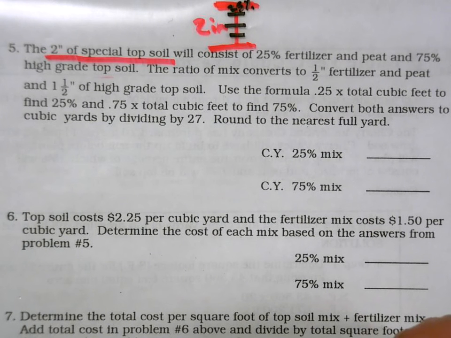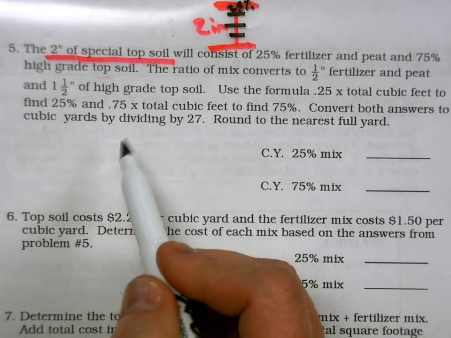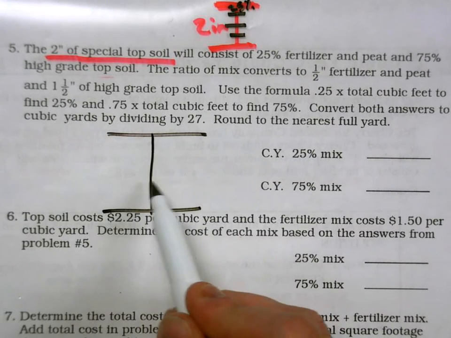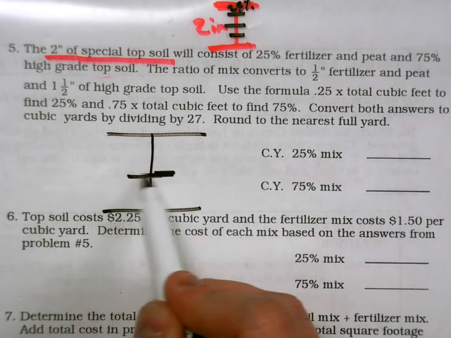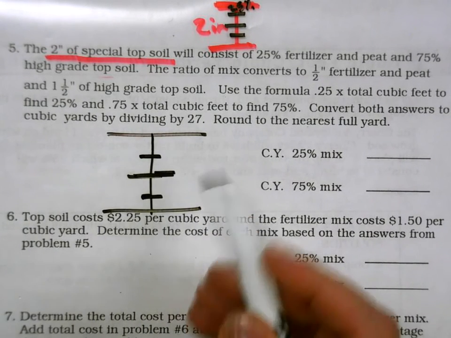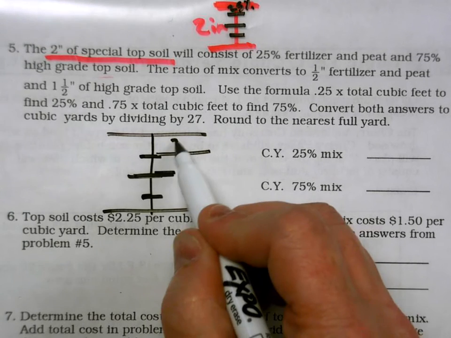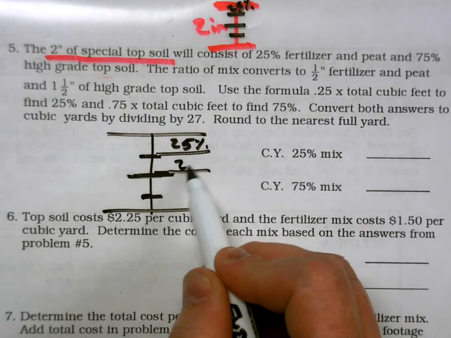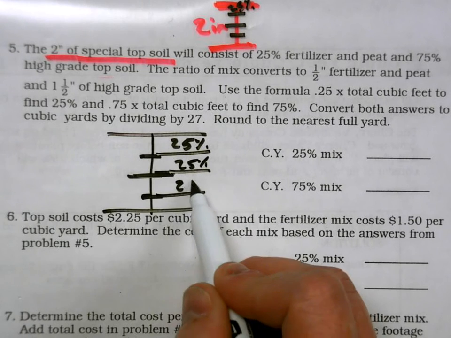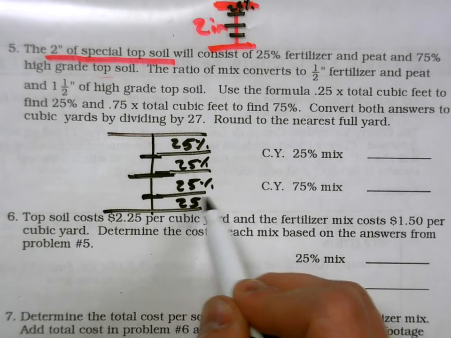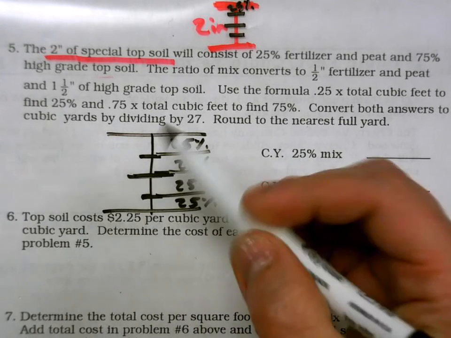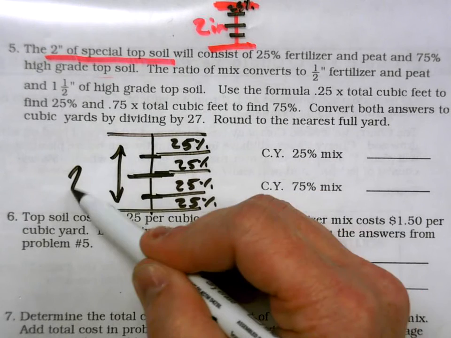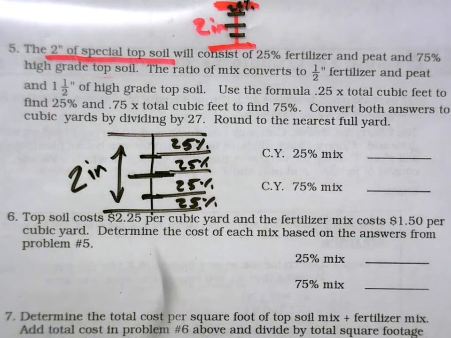Can everybody read my writing up there? Do I need to make it bigger? There's my half mark. So this right here would be 25%. Okay, so each part right here would be 25% because I divided into 25% sections. Right, and this total distance is 2 inches.